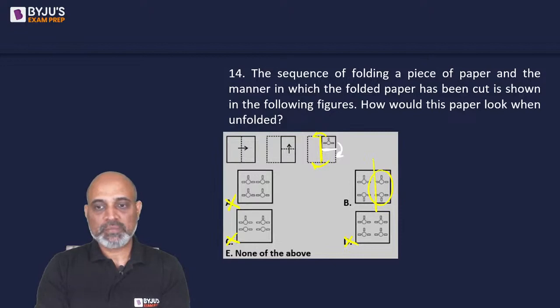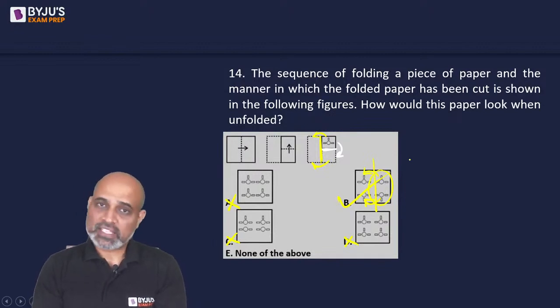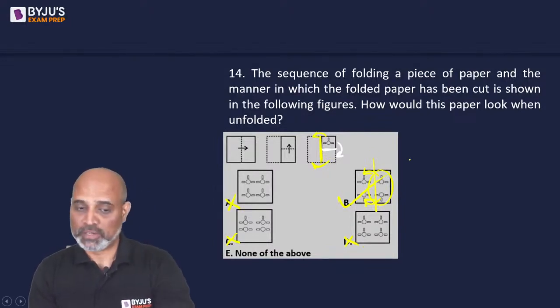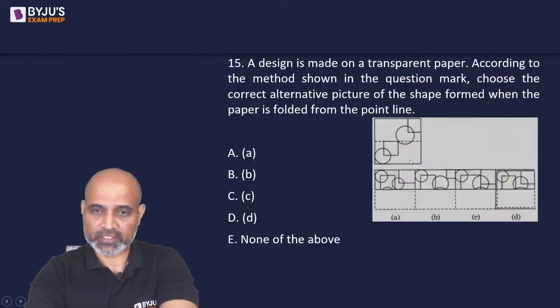Now, its mirror image is going to be this, its mirror image is this, so only B makes sense. We haven't seen E till date, have we? In the last 6 sessions, this is our 7th on AR, we haven't come across a question where none of the above was the answer. Right? Yeah, so B is going to be the answer.